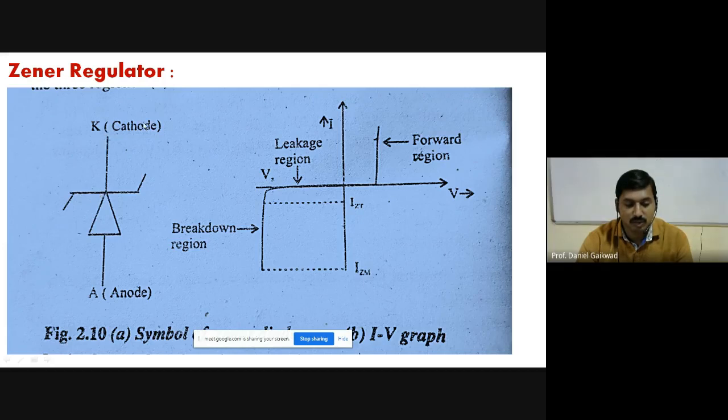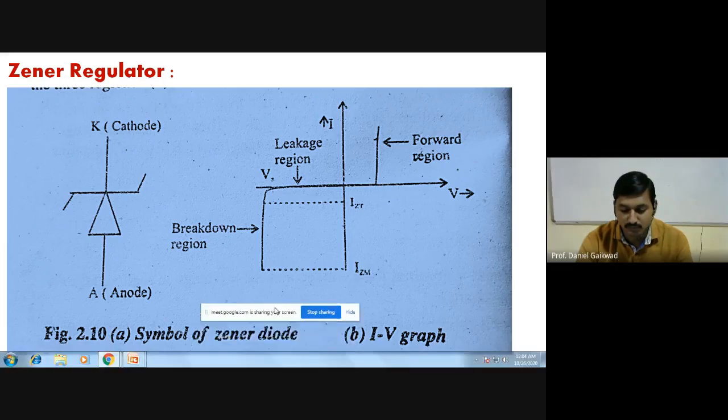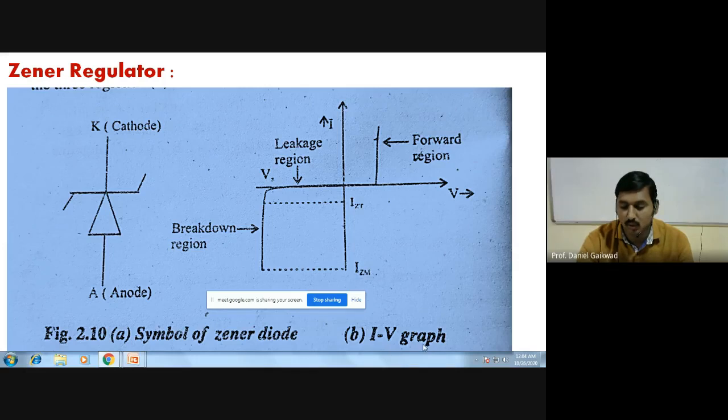This will be the cathode K, and the P-type is connected to the anode A, and also we have the waveform, that is the graph of potential versus current, and that will look like this. Check carefully the current-voltage graph of the Zener diode. We have already learned this in the 11th standard in the category of types of diodes.